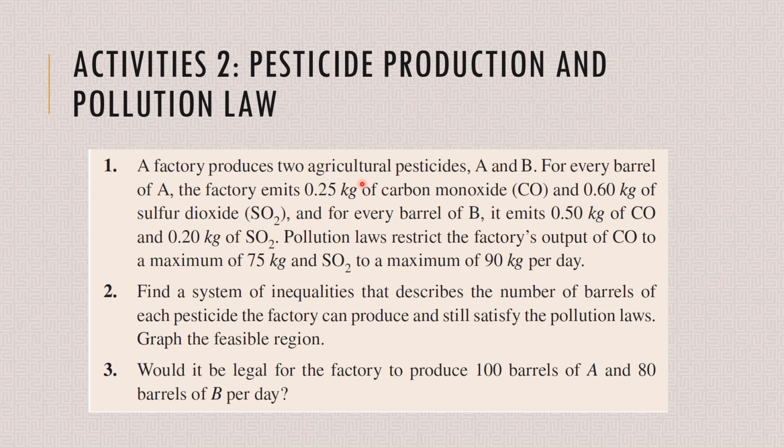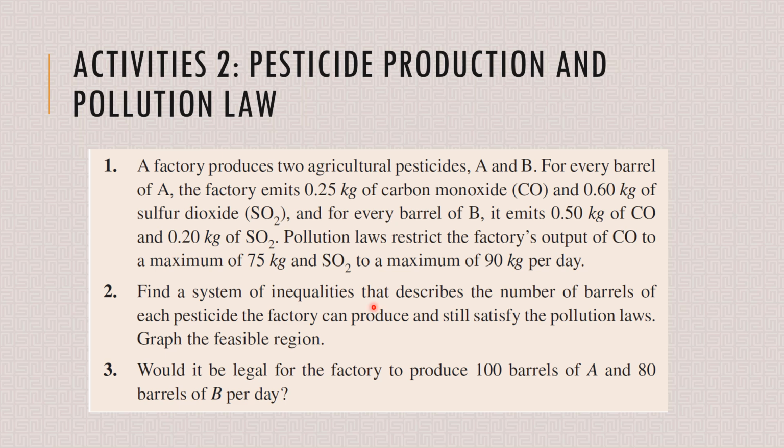Now, what is the problem? The problem here is to know the feasible solutions so that the factory will be able to keep up production of the barrels whilst being restricted in the release of pollutant chemicals, and those chemicals are CO and SO2.